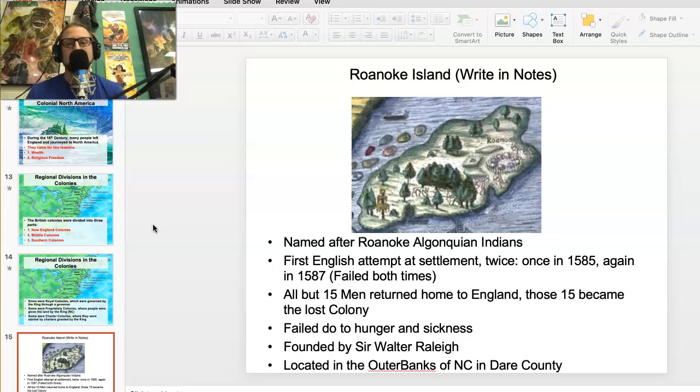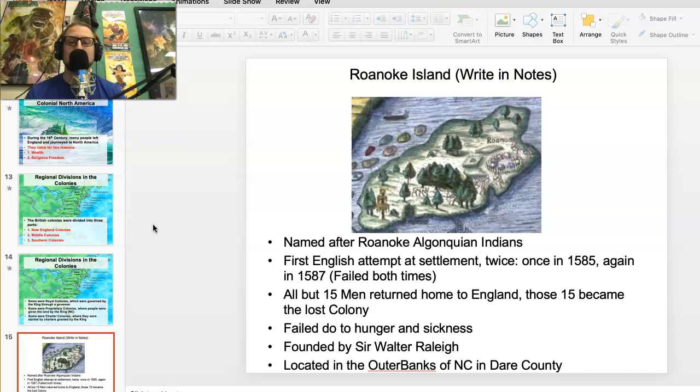So let's talk about the lost colony from a historical and then also from an urban legend perspective. The king sent Sir Walter Raleigh there to see if it would work out, and the history books will tell you it didn't work out. There was famine, there was sickness, so Sir Walter Raleigh decided to return home.